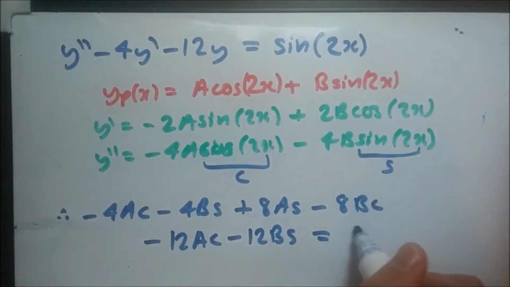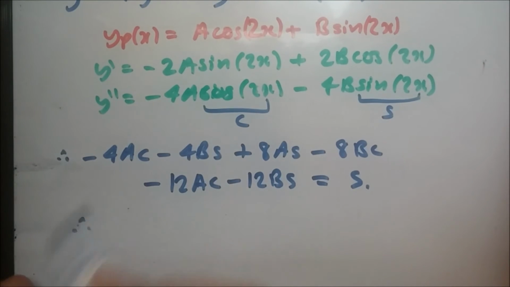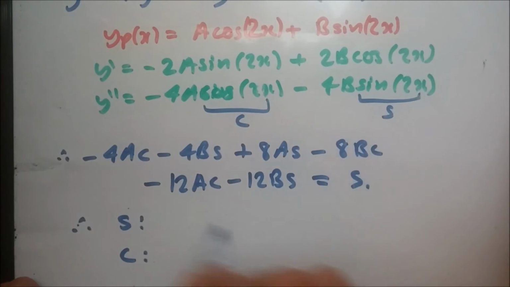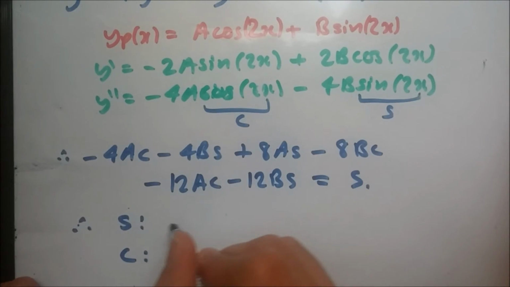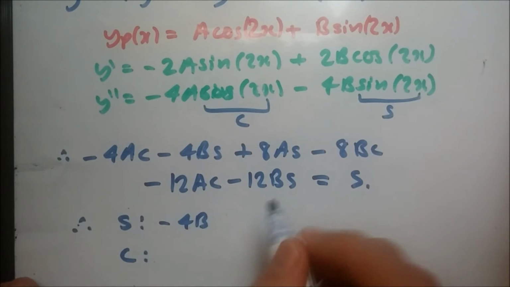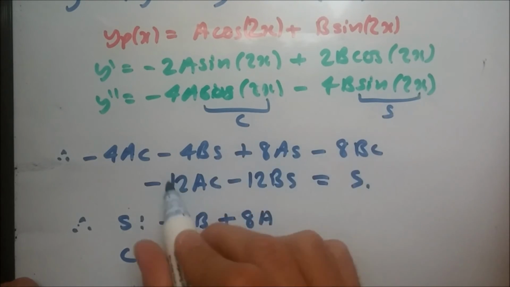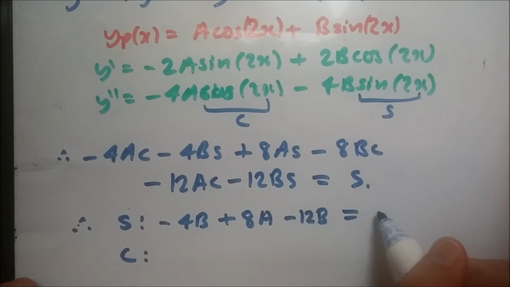And now matching coefficients, which is quite easy this part, you'll know straight away. Matching sine with cos. We can see on this side cos is obviously nothing, so everything you match here will be nothing. But for the sine, what do we have? Okay, so collecting sine terms, we're going to have minus 4b plus 8a minus 12b, and this should equal 1 because S is 1.